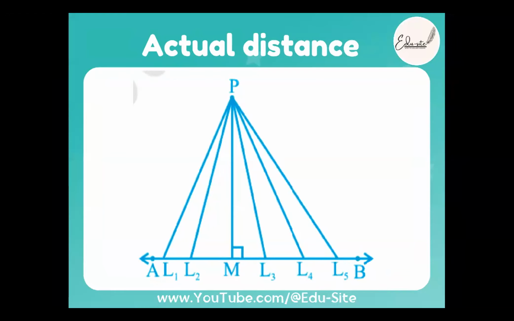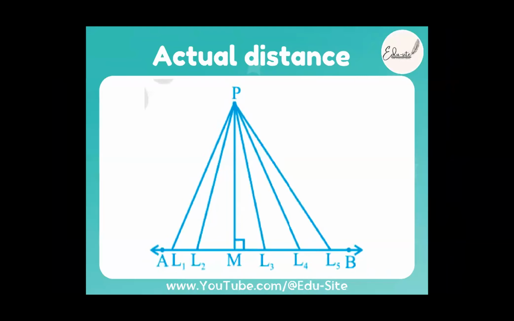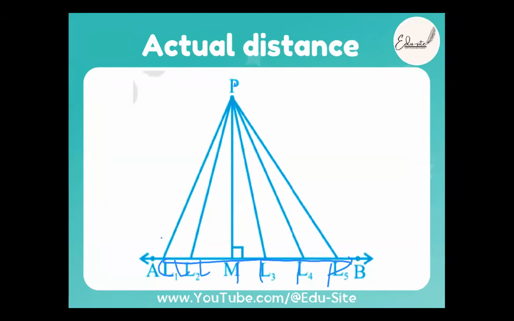Okay, Laiba, just tell me which point will you use here to measure the distance of AB from point P? Do you use L1, L2, M, L3, L4, L5? Which point will you use to measure the distance of point P from AB? Just give it a guess, beta. Laiba, just guess it. I actually cannot hear you.